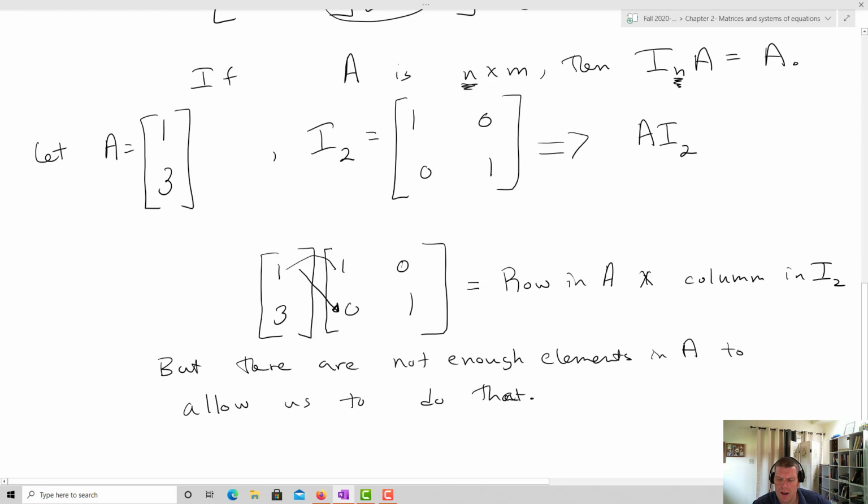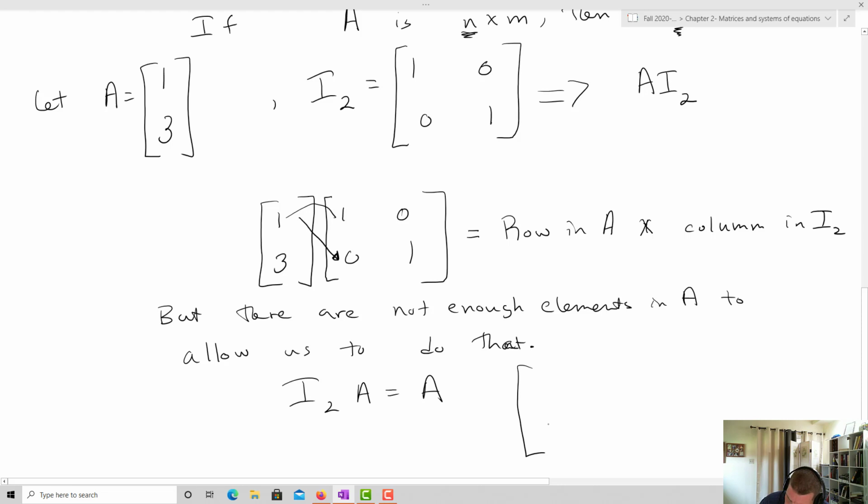Right? We notice here that if I take I2 times A, if I did it this way, okay, I2 times A is going to equal just A, because A is the right dimension. We can actually see that, right? I'll show you. I've got 1, 0, 0, 1, and I multiply this now by 1, 3. What I get is 1 times 1 is 1, 0 times 3 is 0, so this ends up being 1.